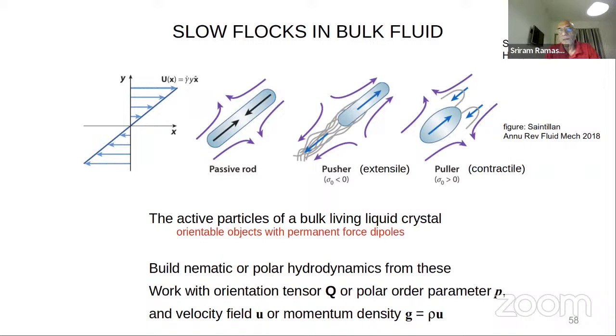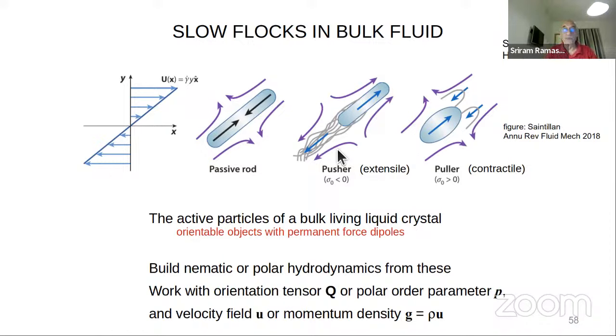I don't know if Prerna has given a talk. Did Prerna talk in this school? Yeah. So Prerna talked about particles like this one, pullers. Other people might work on bacteria which look like this. So the individual force dipoles are characterized by an axis and a strength, right?